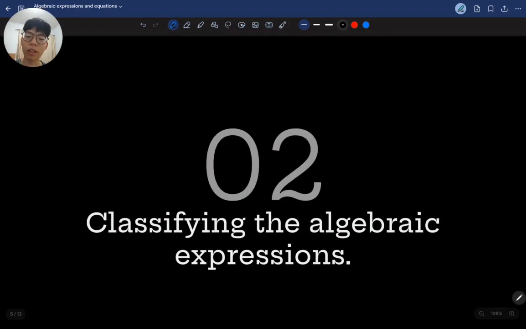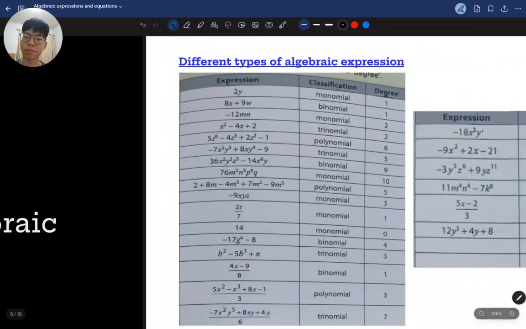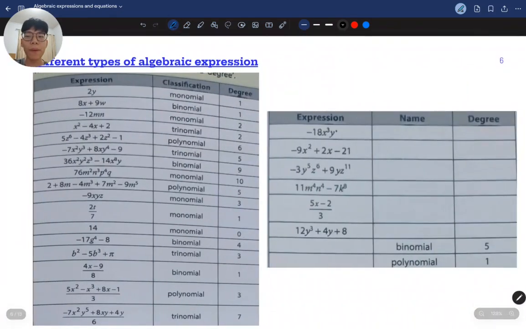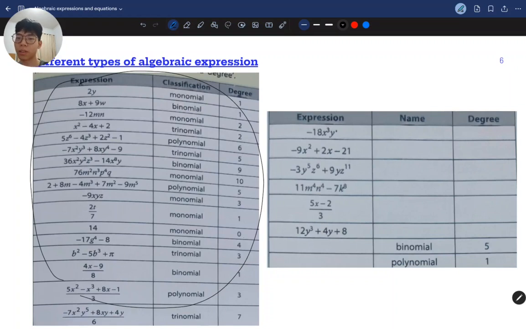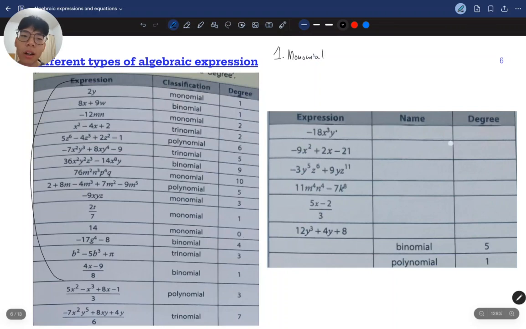Now, we should learn how to classify algebraic expressions. There are many different types of algebraic expressions. You can see this part, but take it as a note. So firstly, there are monomial expressions.